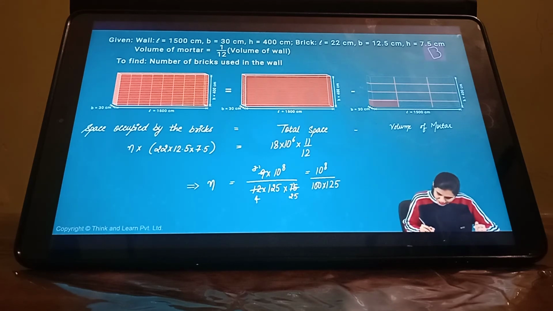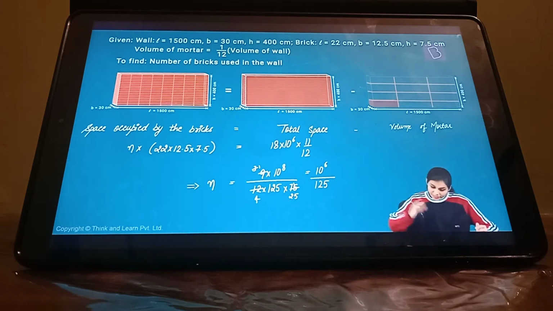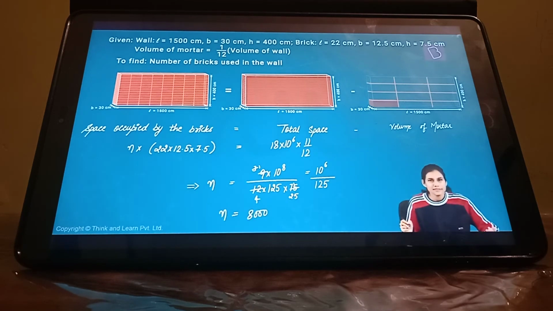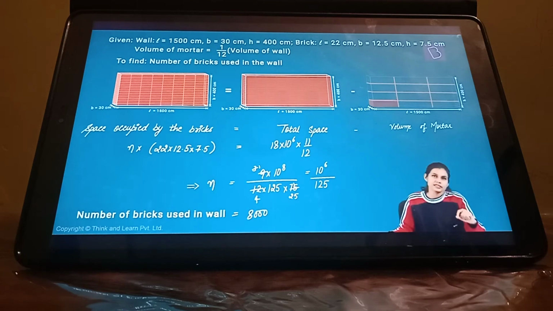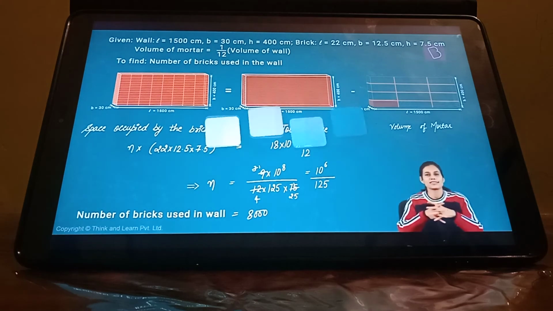So well, in the next step, this 100 rules out and the numerator comes out to be 10 to the power 6. So you have 10 to the power 6 by 125, which is very simple. The answer is 8,000, isn't it? This is how you get n equals 8,000. That means number of bricks used in here are 8,000 in number. Got it? That's your final answer.